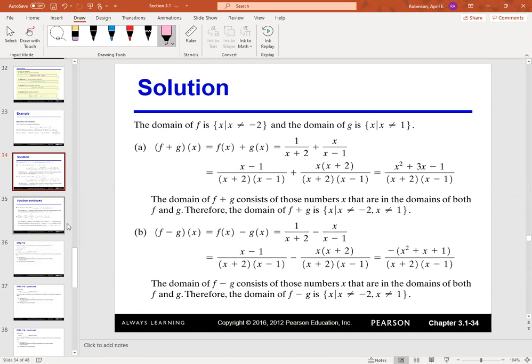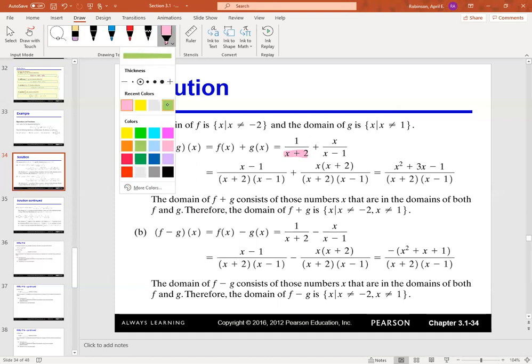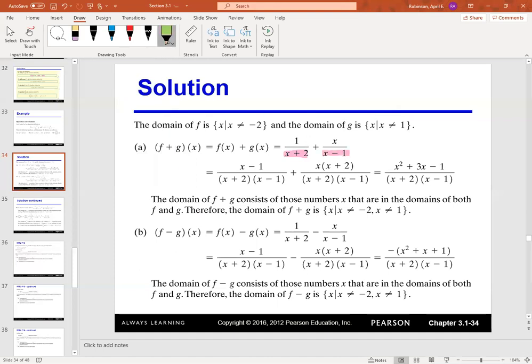Before you can add fractions, you have to have a common denominator. Since the first denominator was an x plus 2, and the second denominator is an x minus 1, your common denominator would be the two of them multiplied together.